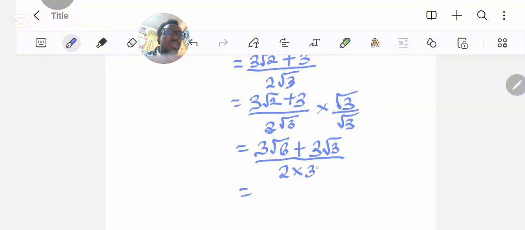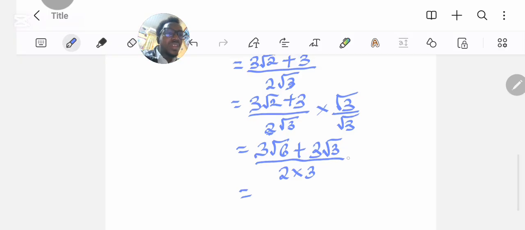So this is the same as 3 root 6 plus 3 root 3 all over 6.